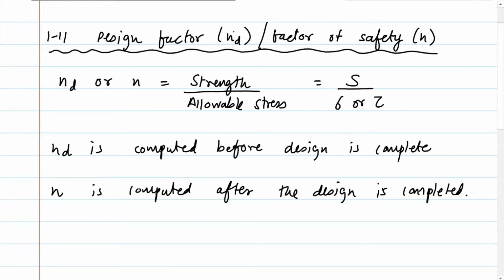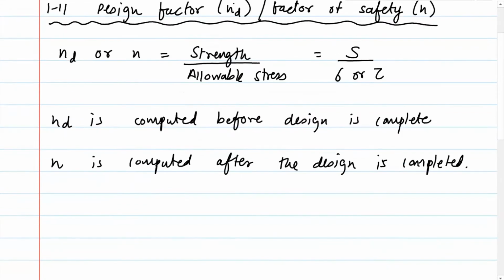If you get a diameter of 0.33, say, then 0.33 is something you cannot buy. So you'll have to buy something available in the market, which is probably a shaft of 0.3 or 0.35. So you finish your design, and then when you compute the factor of safety, your number will have changed, and it will not be the same as the design factor. I'll do a computation to make this clear.